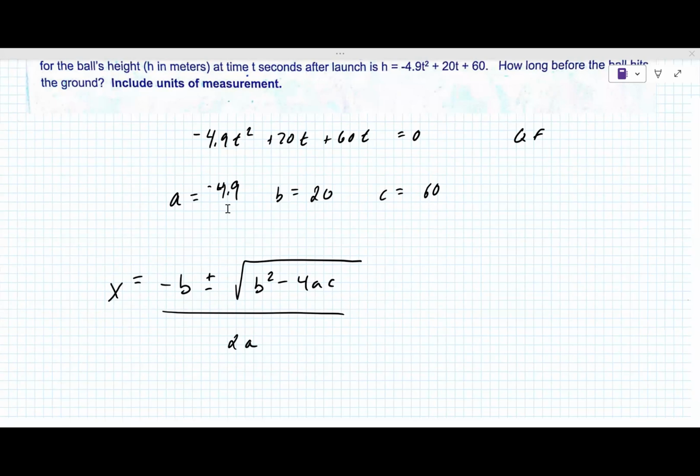Okay, that's going to really work against you here. But that's okay. You got to get the part under the square root correct. So why don't you try working that out on your calculator there? It's 20 squared minus 4 times minus 4.9 times 60, like that.